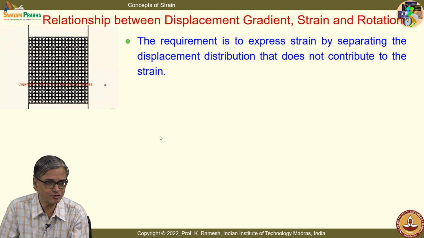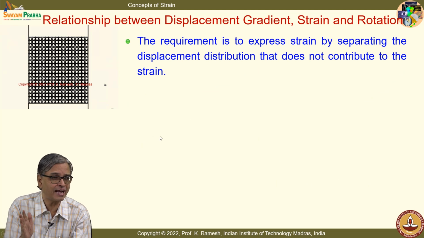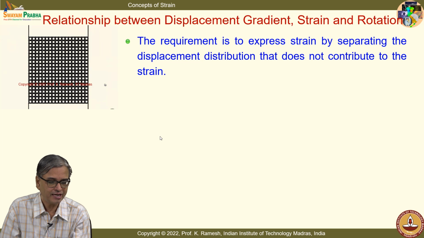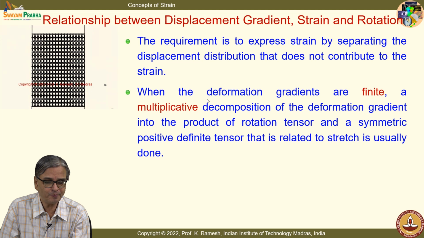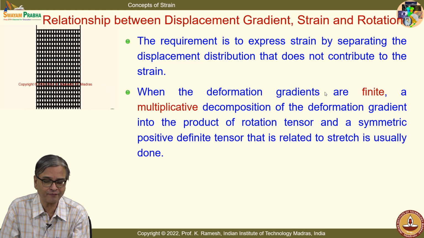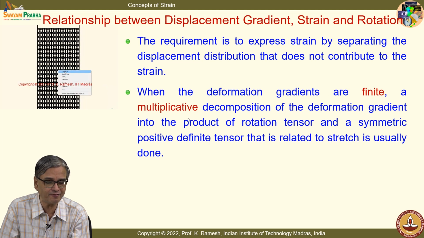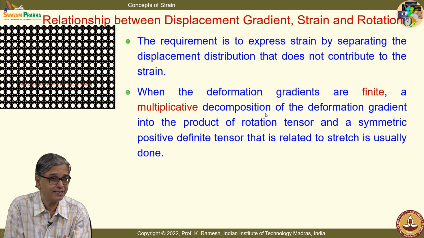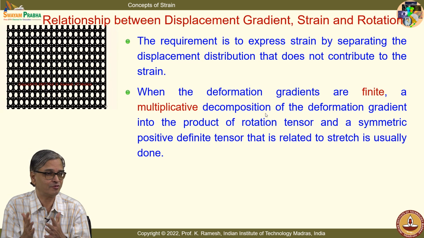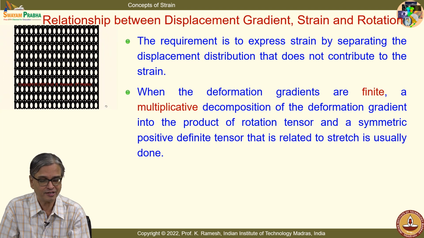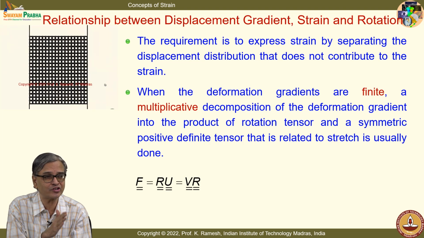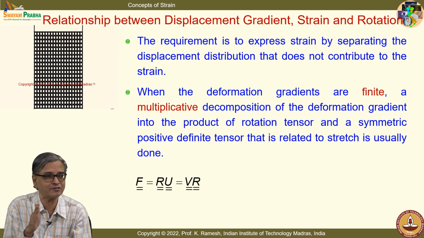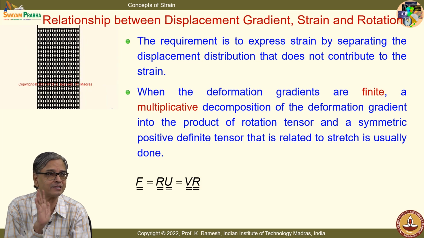Fine. And the requirement is to segregate the rotation and deformation. What people have found is, you can split the deformation gradient, when they are finite, as a multiplicative decomposition of a rotation and a stretch. Okay, this is how the literature goes. In the case of infinitesimal strain, we saw strain matrix, strain tensor plus rotation tensor gives you displacement matrix.